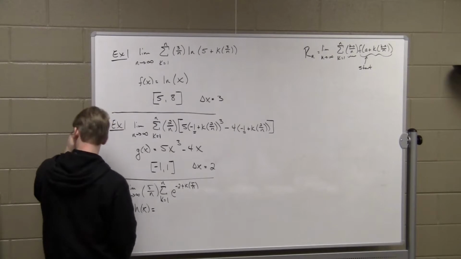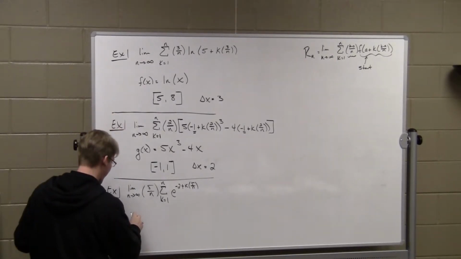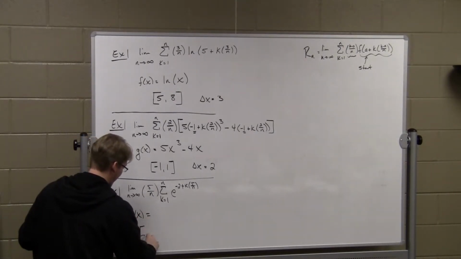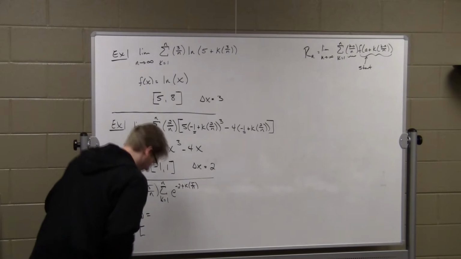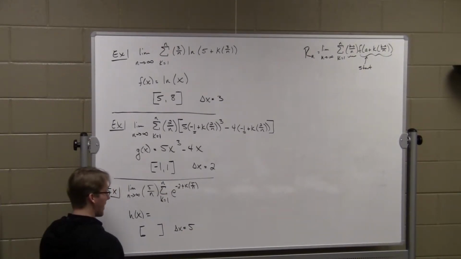Okay, we need the function. 5, hang on. 5 is an important number. It is not the function, it is an important number though. 5 is your delta x, good. That 5 there tells us it's gonna be a distance of 5. Once we know where it starts, we'll just plug in 5 and we're done.